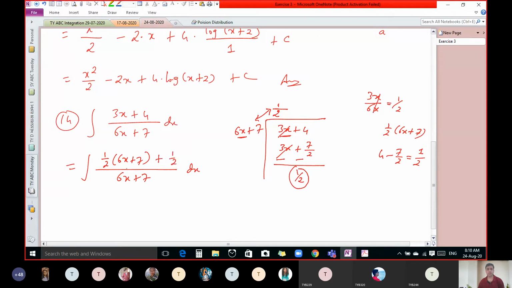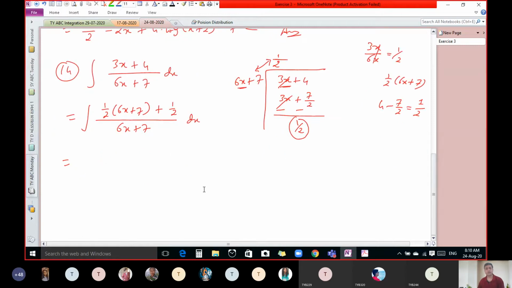Same like the previous question. Now divide each term here by (6x plus 7). So 1 by 2 in bracket (6x plus 7) divided by (6x plus 7) plus 1 by 2 divided by (6x plus 7). Put this in a bracket.